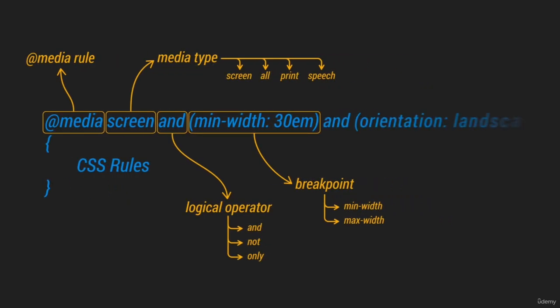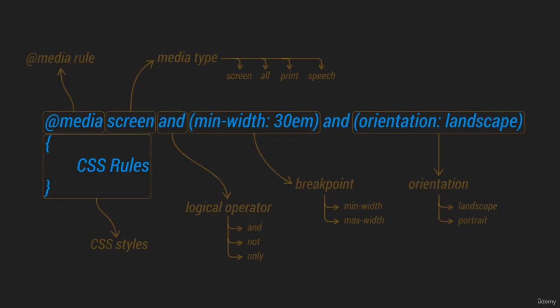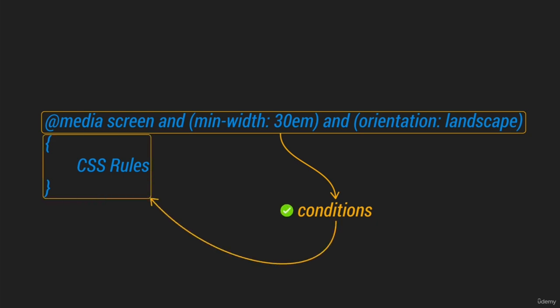We can also specify the orientation of the device, that is landscape, portrait, etc. Finally, inside the curly brackets, we define the CSS styles. All of these are considered conditions, and when these conditions are met, the CSS code written in the media query is applied on the element.